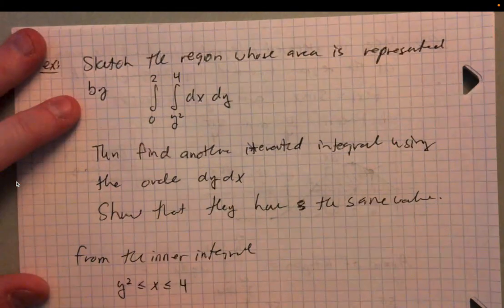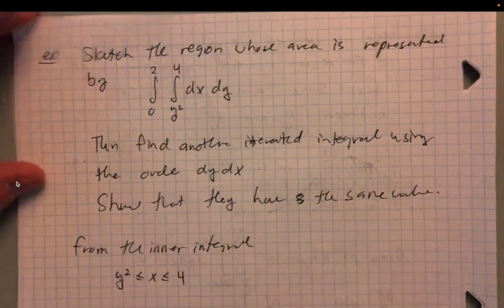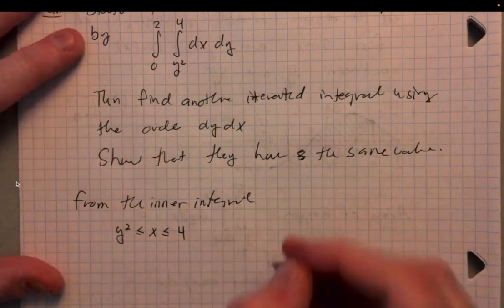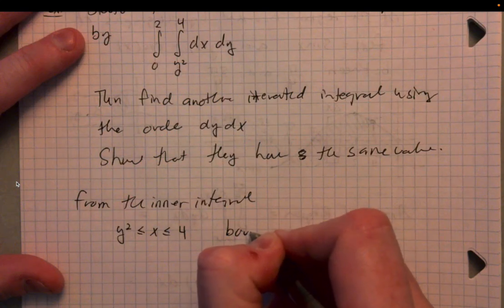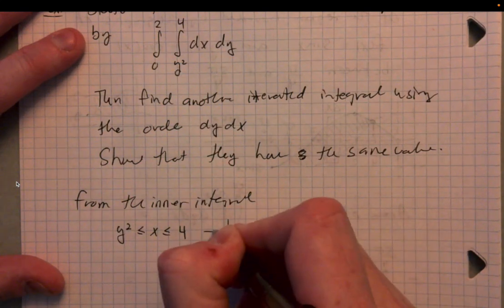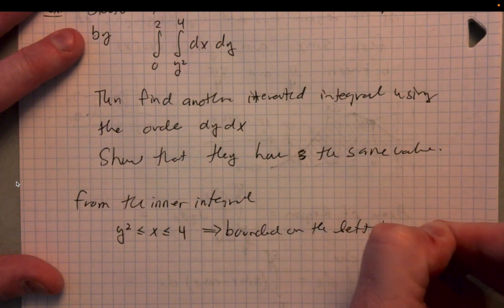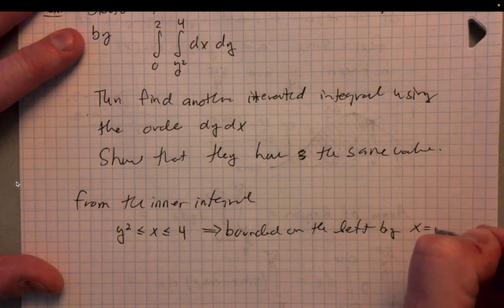So what does that mean? It means whatever the region happens to be, it's bounded on the left by a parabola, x equals y squared, right?